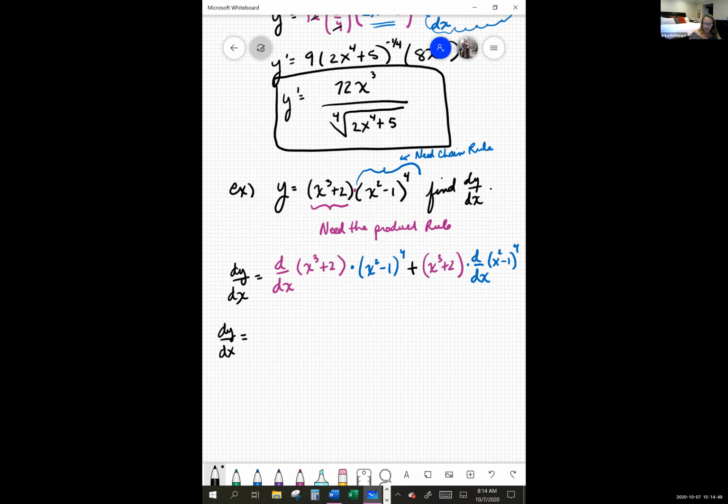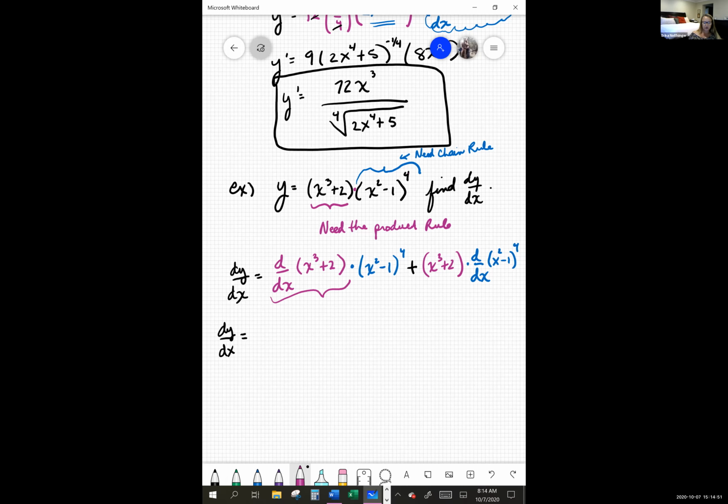Okay, so let's look at the derivative of our first piece, the derivative of x cubed plus 2. Hopefully you got 3x squared, all times the second function, x squared minus 1, all raised to the 4th. Plus our first function, x cubed plus 2. Okay, so we need the chain rule when we take the derivative of this piece.